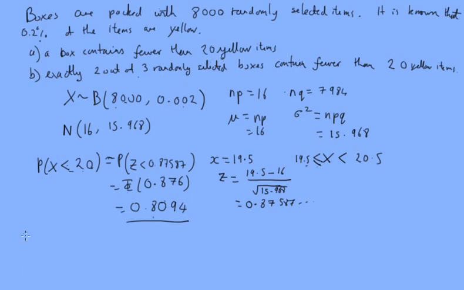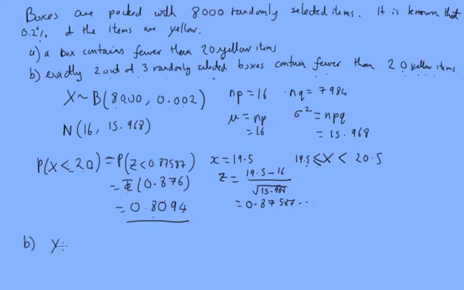Now let's think about part B. So we're looking that exactly 2 out of 3 randomly selected boxes contain fewer than 20 yellow items.